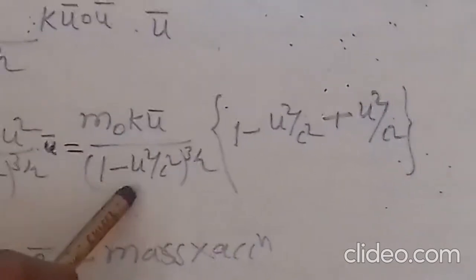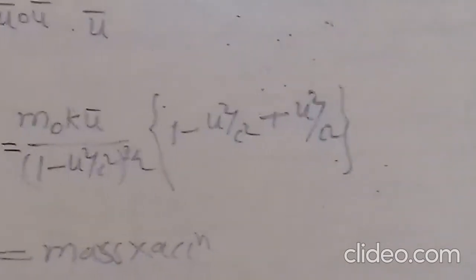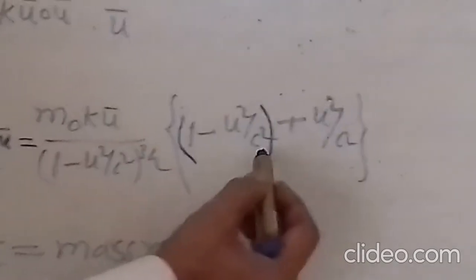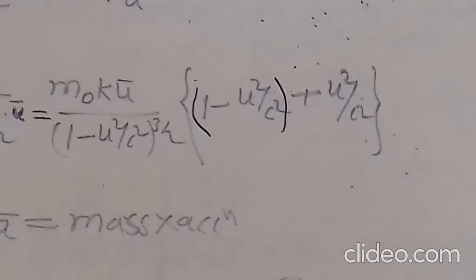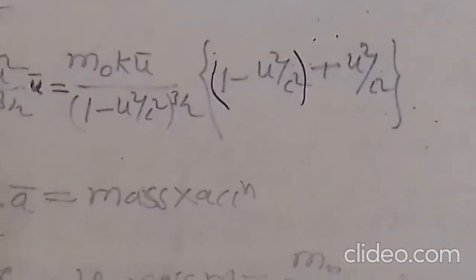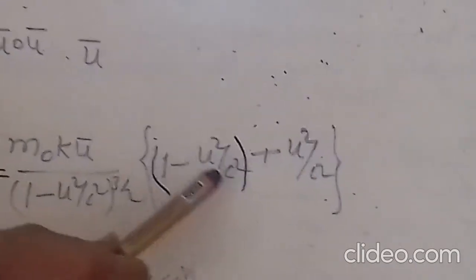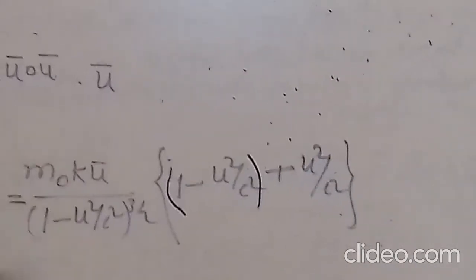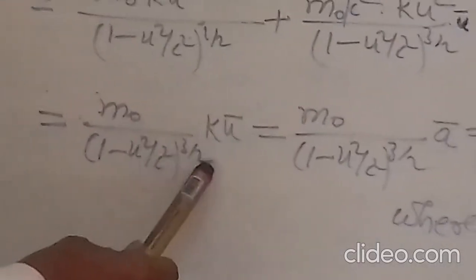If this factor is common, then from the first term the remaining part inside the bracket is 1 minus u square by c square, and from the second term it is u square by c square. So the second and third terms cancel, and you get 1 into m naught upon 1 minus u square by c square raised to power 3 by 2 into k times u bar.